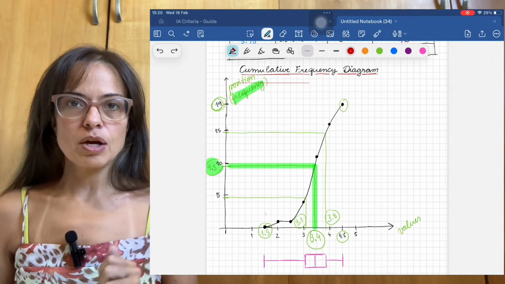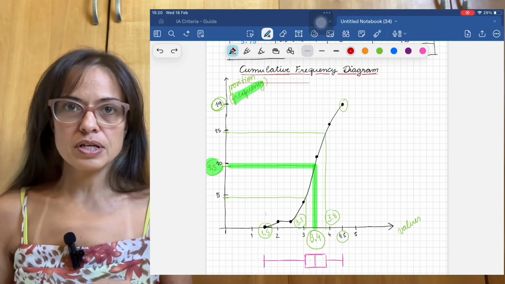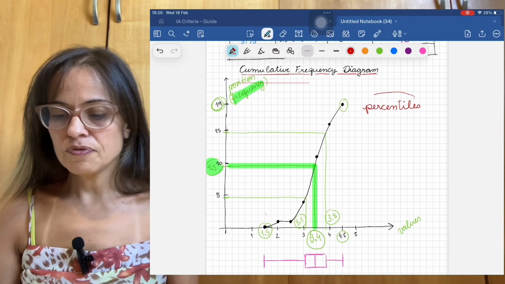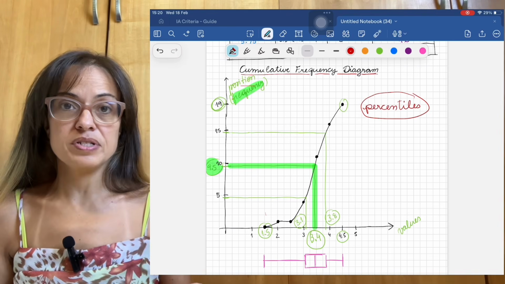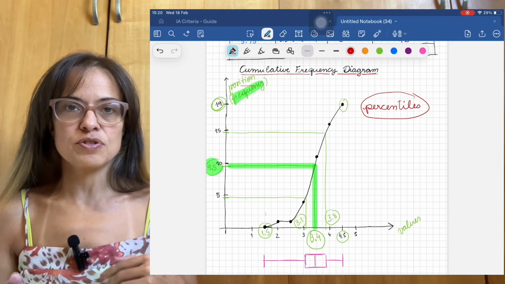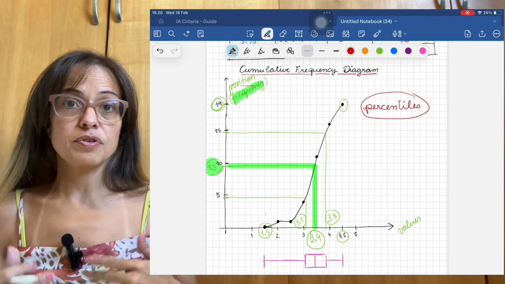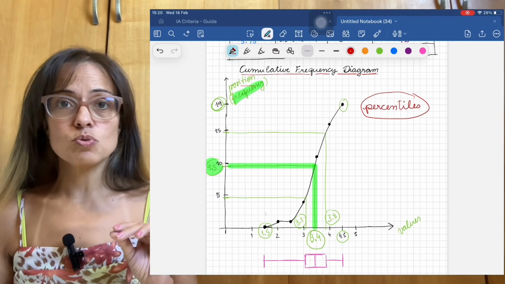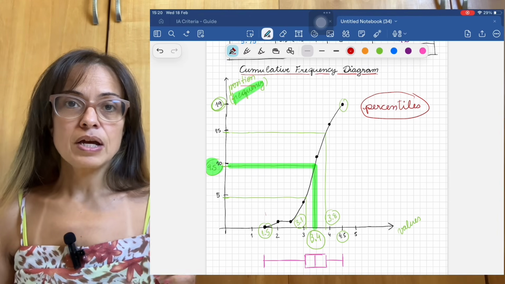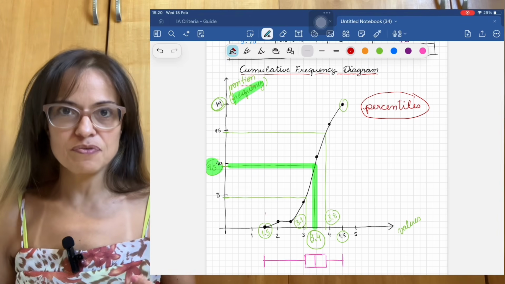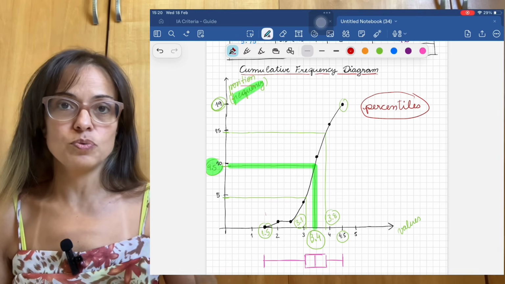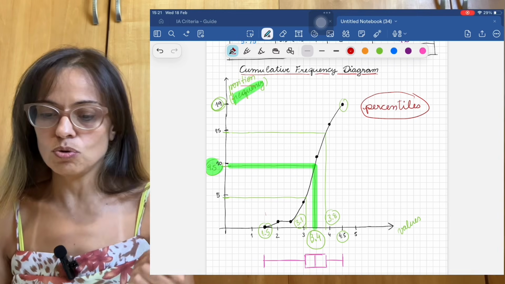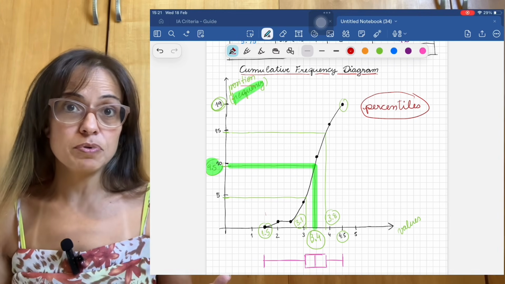There's just one more vocabulary word that I would like to mention in this context, which is percentiles. A lot of times in the cumulative frequency diagrams, they're not just going to ask for the median or for one of the quartiles, but percentiles, which is something very similar, except instead of 25%, 50%, and 75%, which are the Q1, median, and Q3, it can be any percentage.